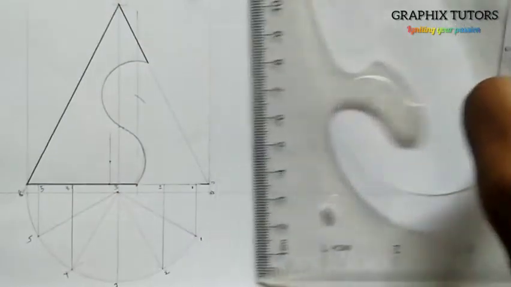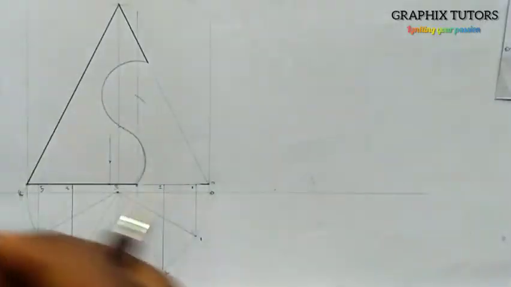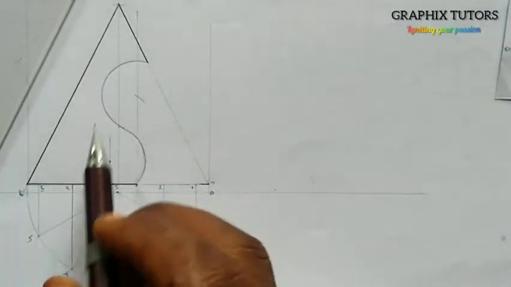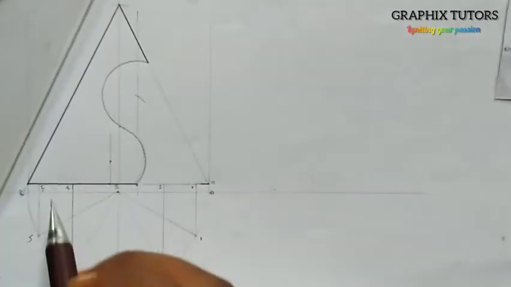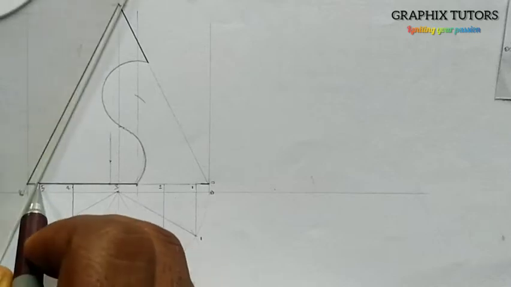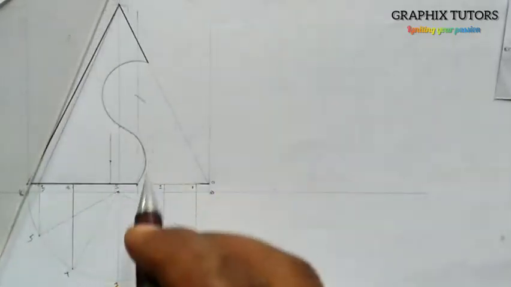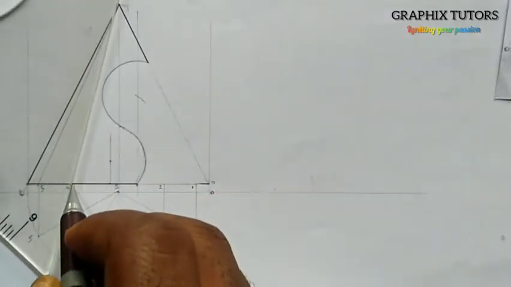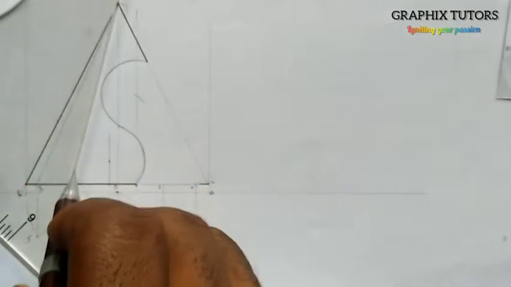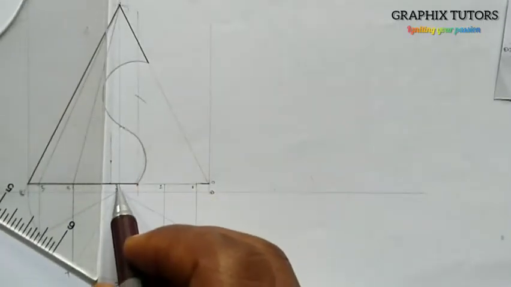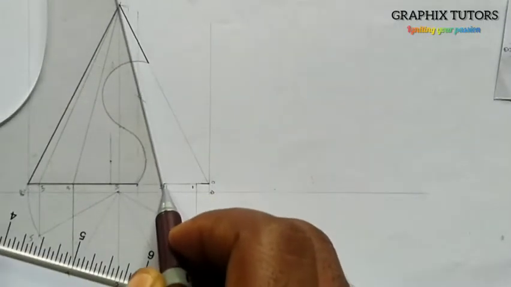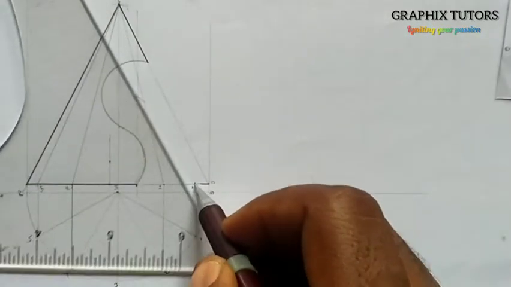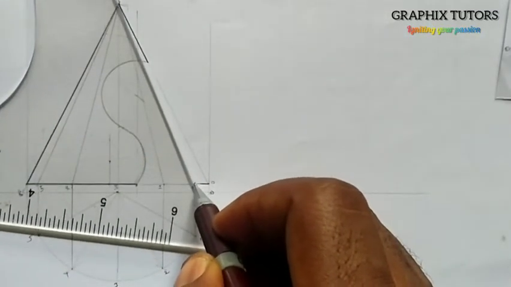And I'm going to project all those points to the center of my triangle, which is the center here. So from 5, I'll project it to this point. From 4, also project it to this point. From 3, there. From 2, I'll project it there. From 1, I'll project it there.